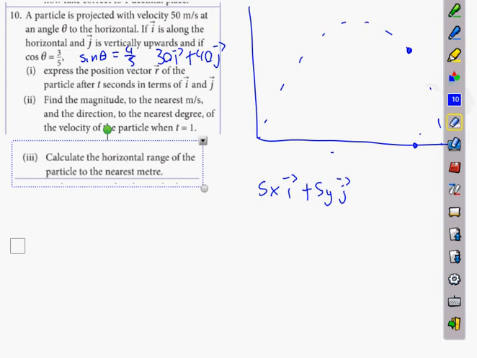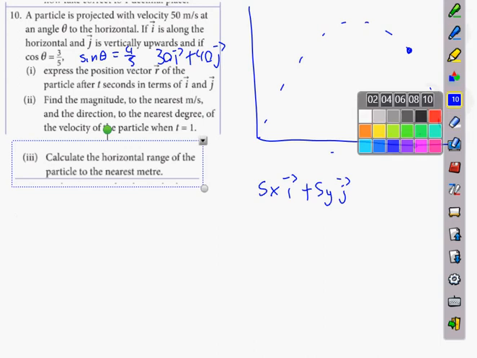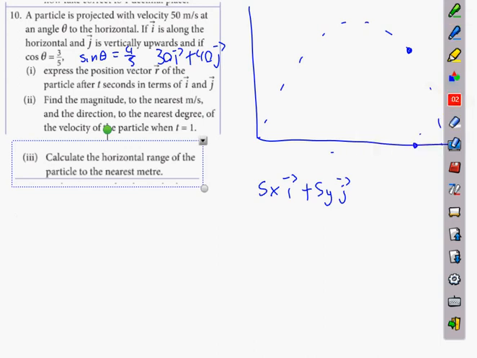Okay? So, I like to go through all four of them. I always tend to go through all four of them anyway. Px equals 30. It will always stay as 30. Py equals 40 minus gt, or minus 9.8t, because it has the deceleration of gravity.